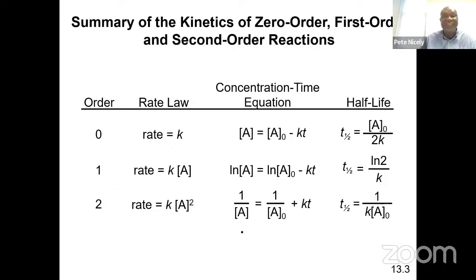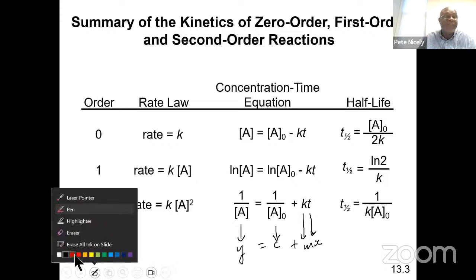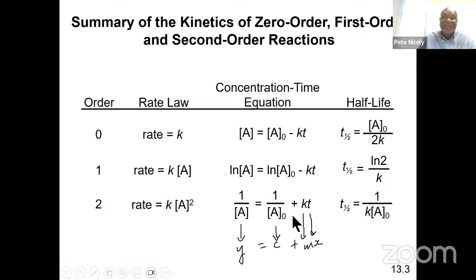The 1 over A would be on the y-axis, the t would be on the x-axis, the slope would be a positive slope, which would be the k, and the intercept would be the 1 over A initial, all right? So if you plot 1 over A versus t, then you're going to get a straight line, positive slope line, where the slope is equal to the rate constant, all right?